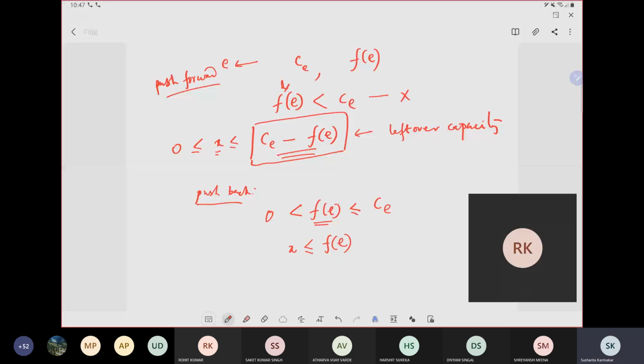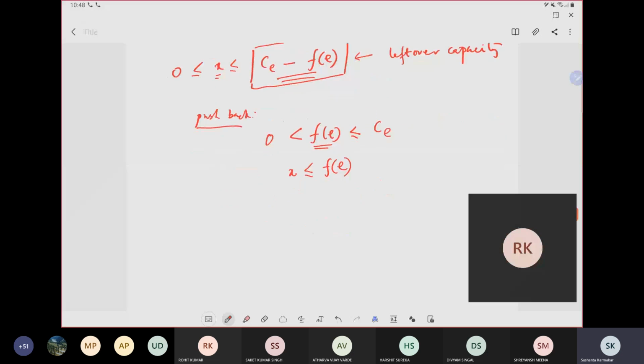Whether it will satisfy the conservation rule, that I have to see. But these two concepts we must understand. Later we will use these terms, push forward this quantity, push back this quantity. There should not be any confusion with these terms. Once these two things are clear, then we can go into the actual designing of the process.